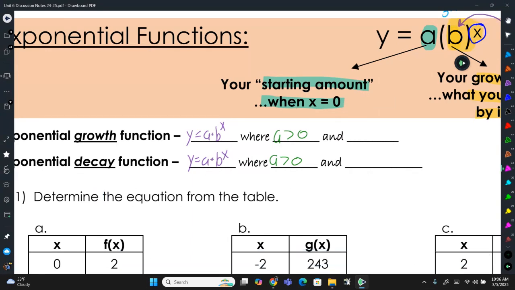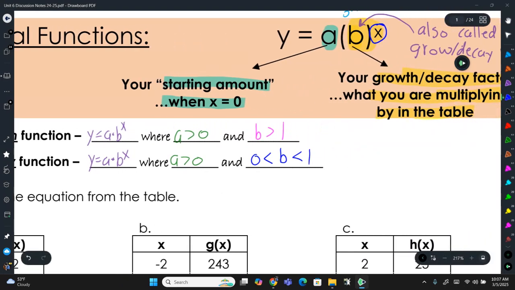In exponential growth functions, your b value is always greater than 1. And in exponential decay functions, your b value is always greater than 0 but less than 1. So in between 0 and 1. Well, what happens if b is equal to 1? Well, that's not an exponential growth function because 1 to any power is just 1.